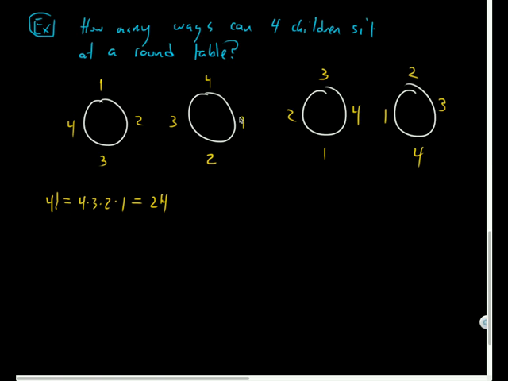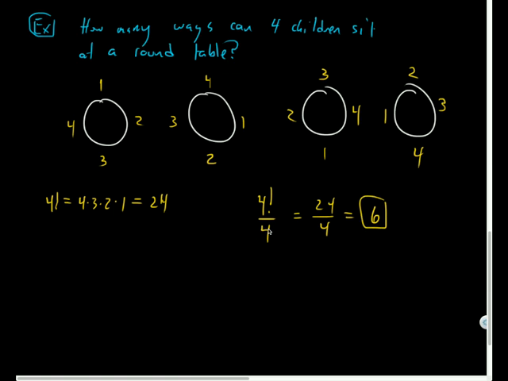So what I would do is divide by however many kids I have, because there are 4 extra arrangements here by spinning, and that's what I'm going to do here. So I would do 4 factorial divided by 4, which is 24 divided by 4, or there are 6 ways I can actually arrange 4 kids at a round table.